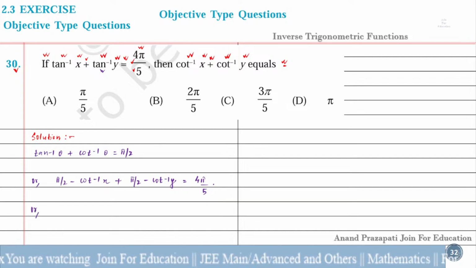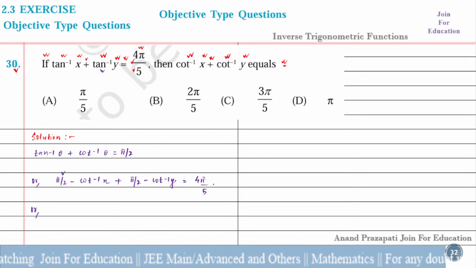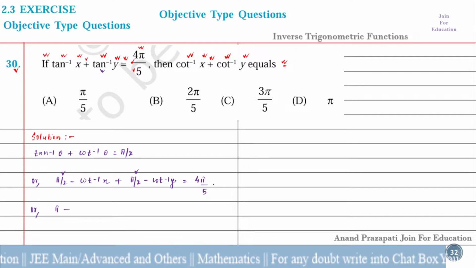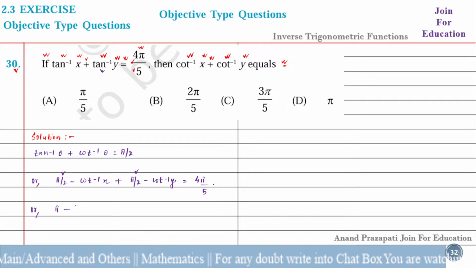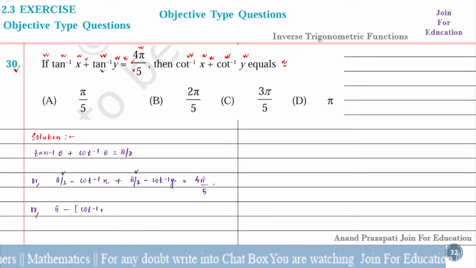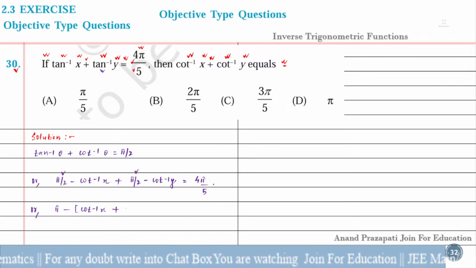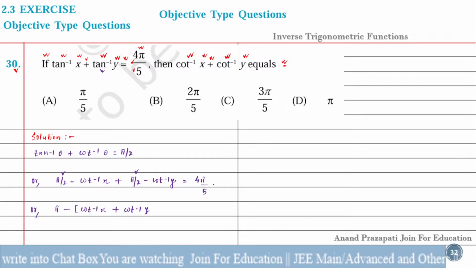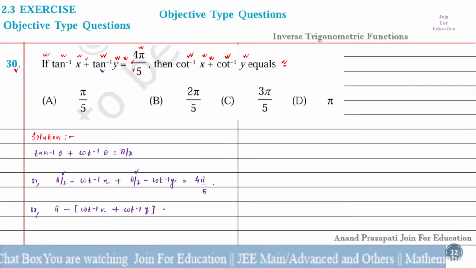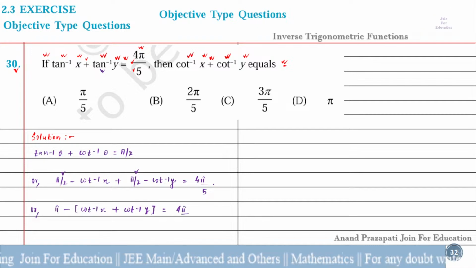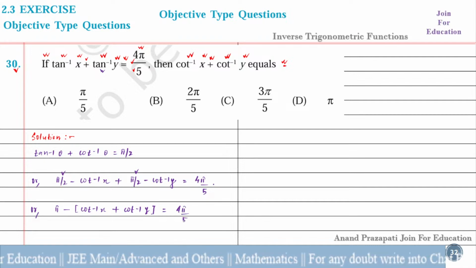So here we write pi by 2 plus pi by 2 equals pi. We take minus common, then we get cot inverse x plus cot inverse y equals 4 pi by 5.